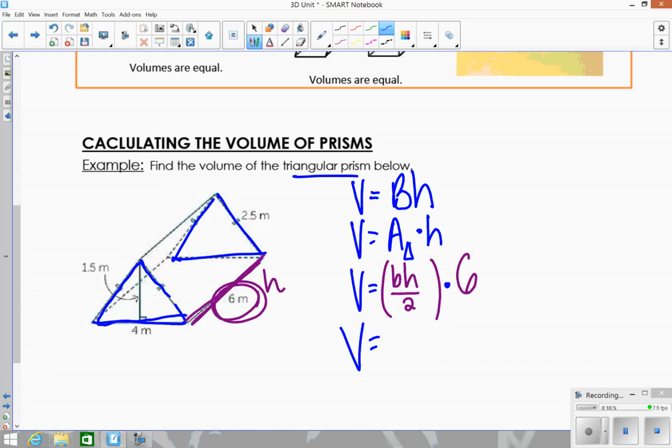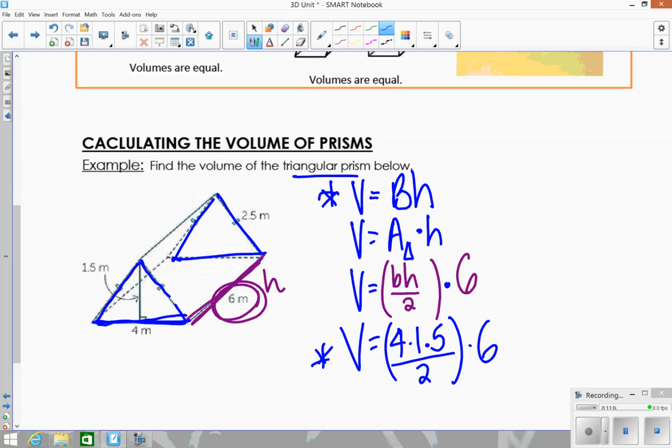So to find the volume of the prism, it'll be base times height. So the base of the triangle is 4 times the height of the triangle, 1.5, over 2, and then times 6. Remember, the 6 came from the height of the prism. For this, you don't have to show all of these steps. Some of you can go right from here to the substitution. That's completely fine. Just remember that the area of the base is going to change depending on the shape.